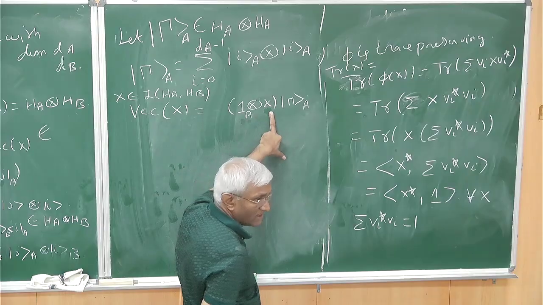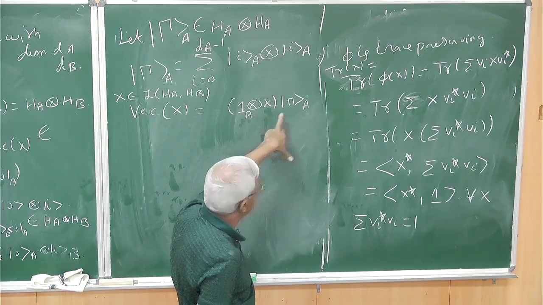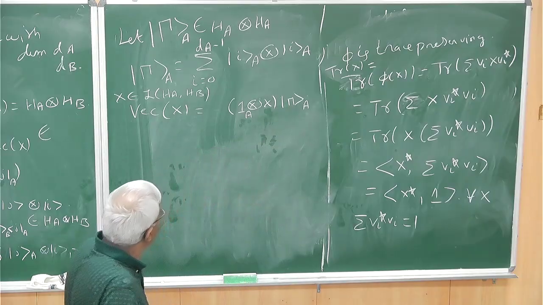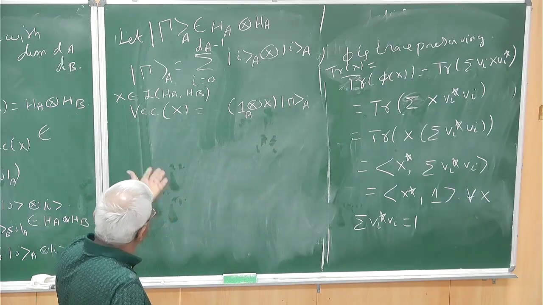This will take it to B. So this will be in HA tensor HB. This you can directly verify, right?